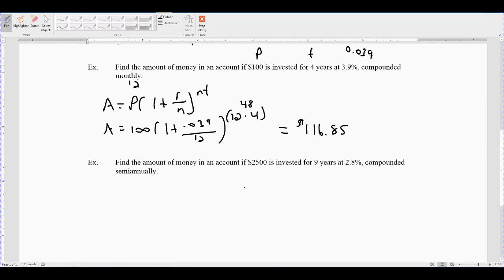Same type of problem. Find the amount of money in an account. $2,500 is invested for 9 years at 2.8%, compounded semi-annually, which is twice a year. Using the same formula, throw in the numbers.